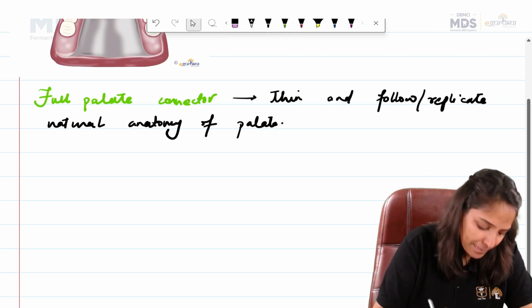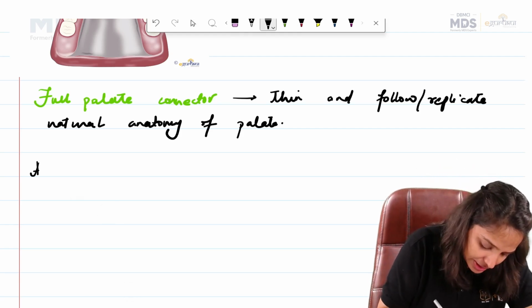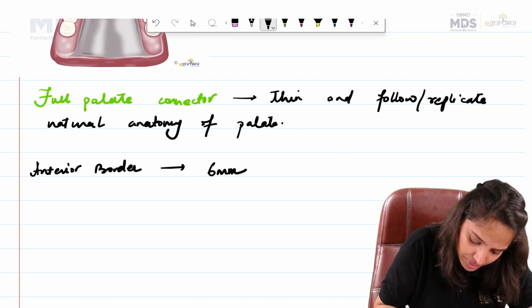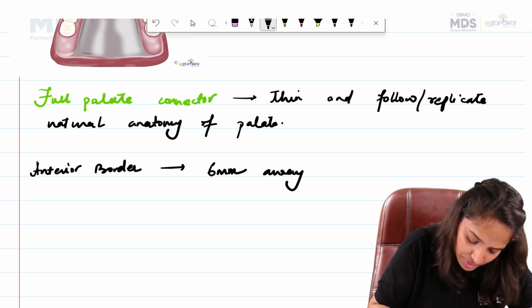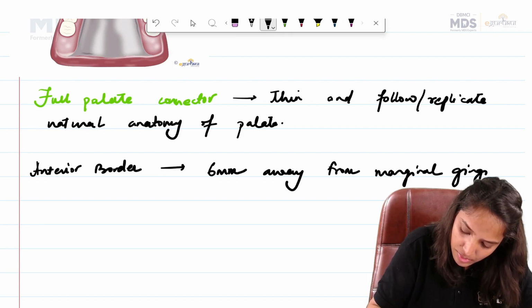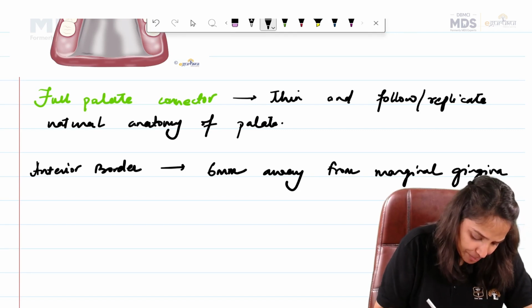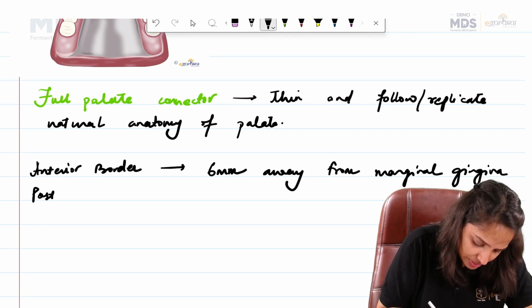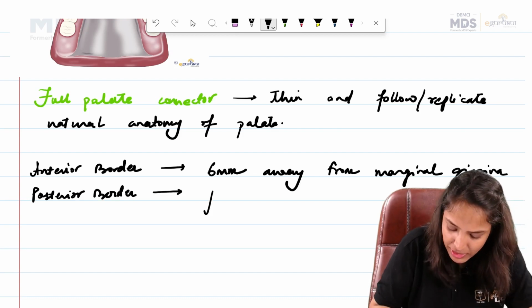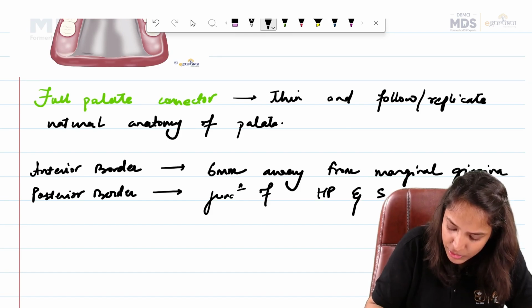So it is completely as how the palatal shape should be, and it should duplicate the contours of it, including the rugae. Second is the anterior border, again should be 6 millimeters away from the marginal gingiva. Posterior borders would be at the junction of hard palate and soft palate.